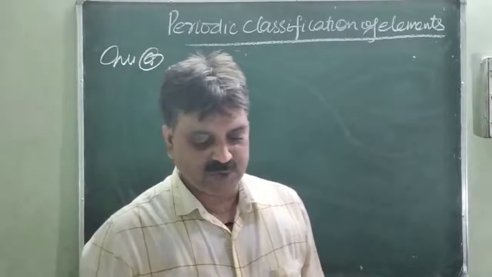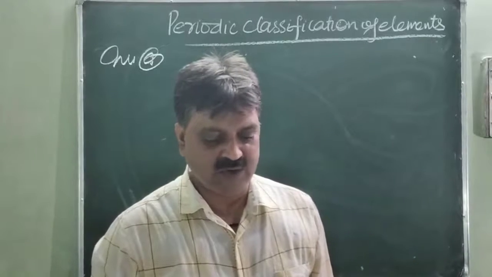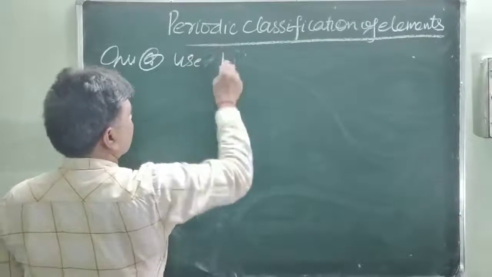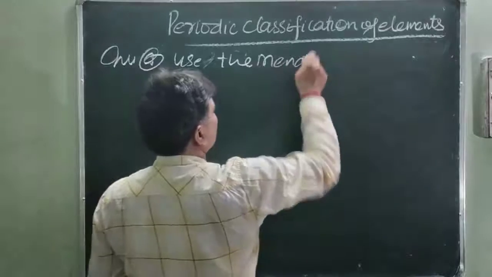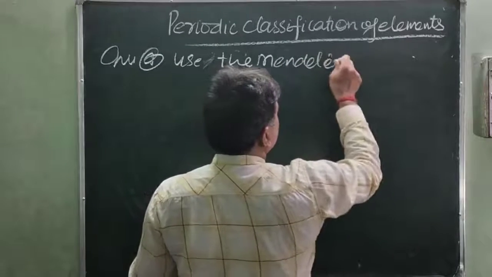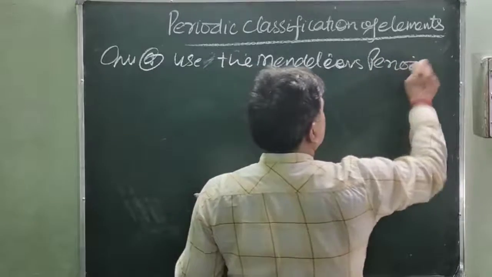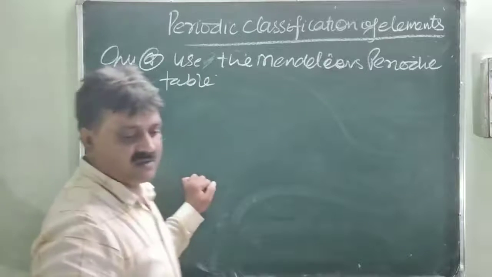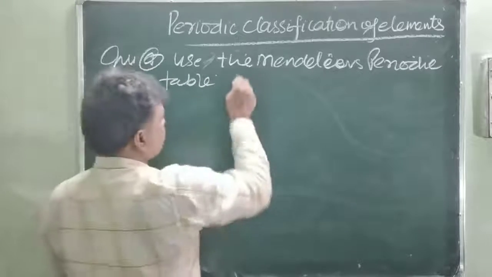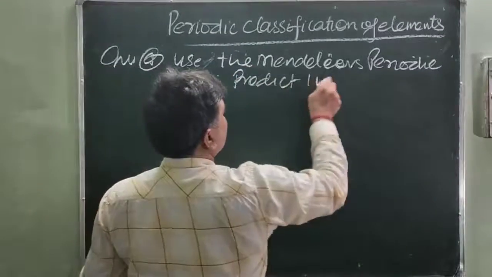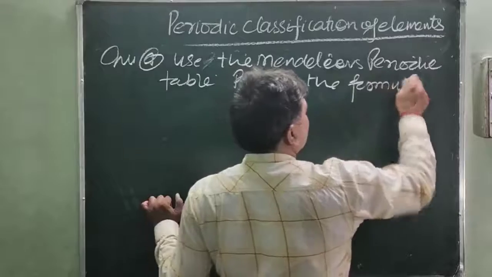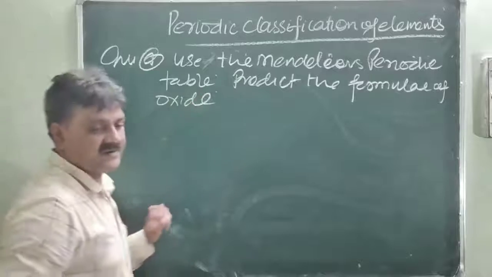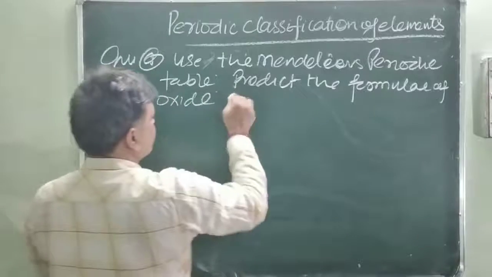Use Mendeleev's periodic table to predict the formula of the oxide of the following elements.